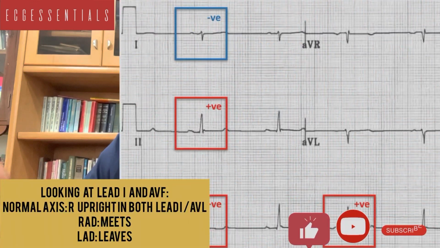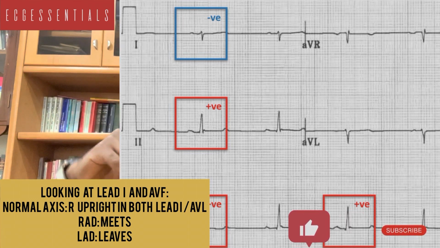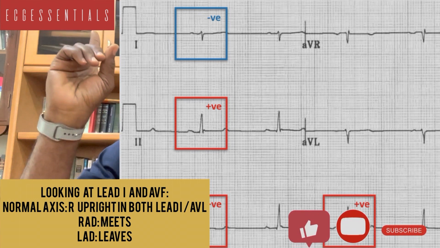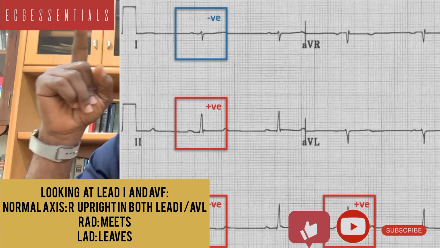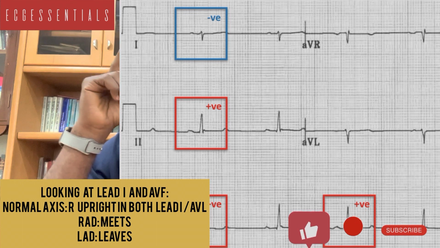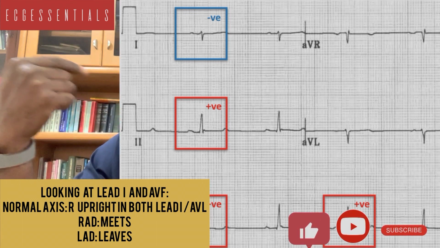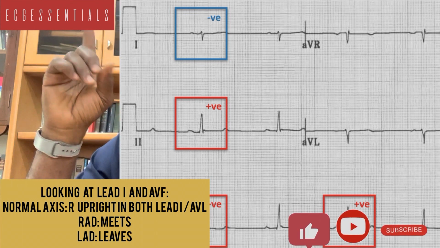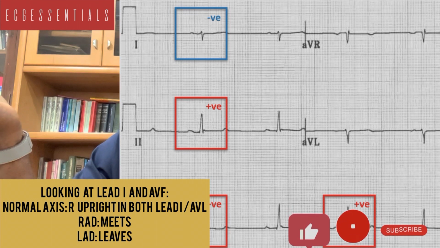Commonly, if you look at the ECG and you are using, for example, the quadrant method, where we focus on lead 1 and, say, aVF: if the lead 1 complex has a dominant R pointing upwards, and the aVF complex is also pointing upwards, then we usually say it's a normal axis.